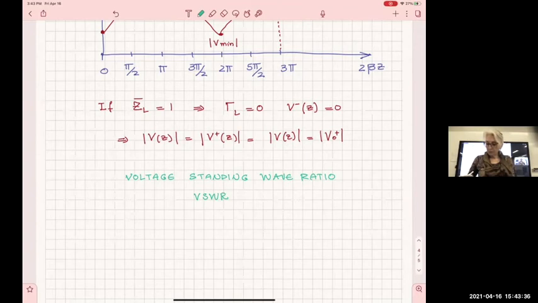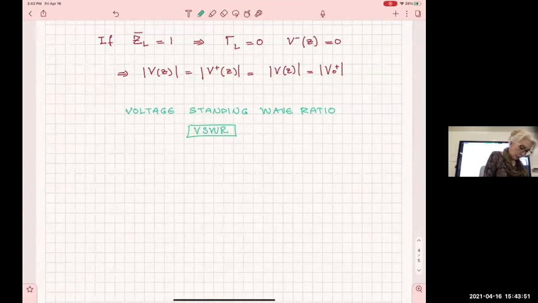And the optimal value of VSWR, you will see what it is from the definition. So VSWR is nothing else but Vmax over Vmin.